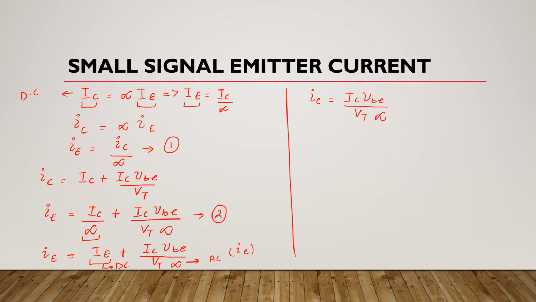Now we know that transconductance is equal to IC divided by Vt. It means the small signal emitter current is equal to gm vbe divided by alpha. So this is the equation of small signal emitter current in terms of transconductance.